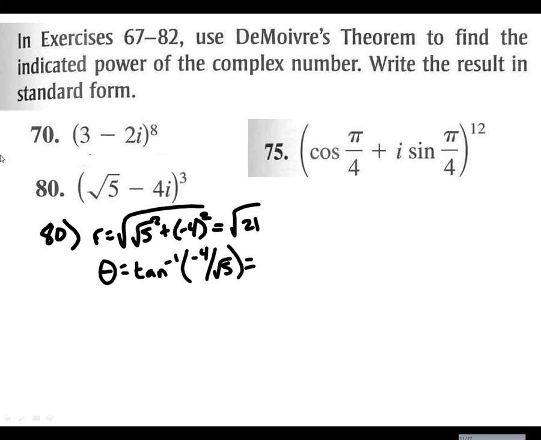Plug that into your calculator, and you're going to end up with, for 80, 299.21 degrees. Remember, if you get a negative number on your calculator, add 360 to it. All right, so we have rad 21 cis 299.21.